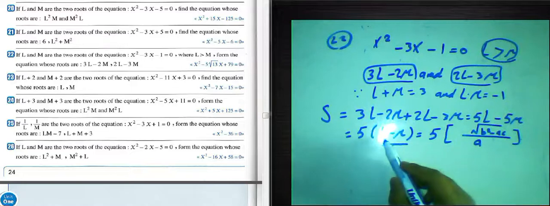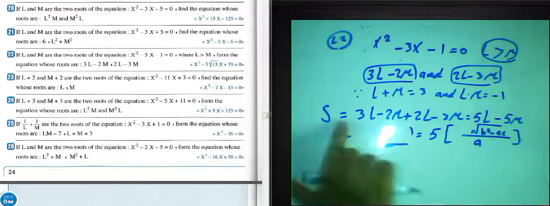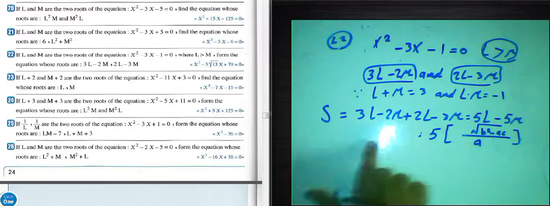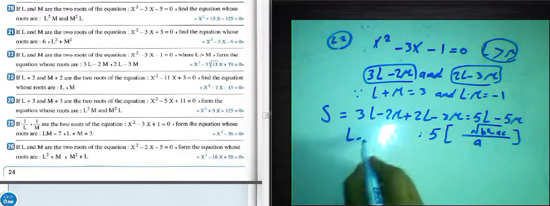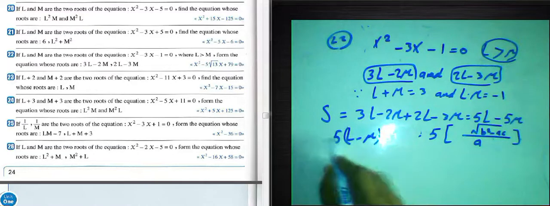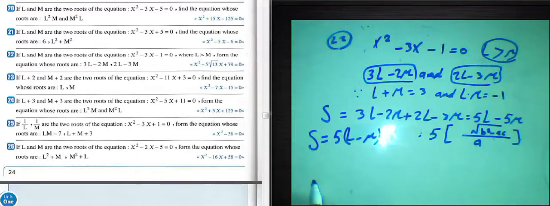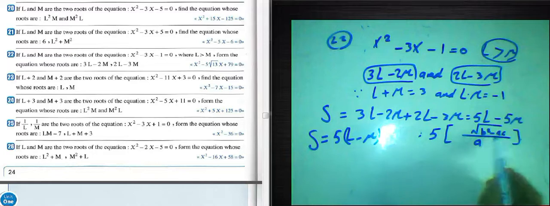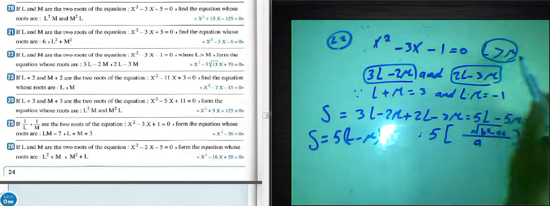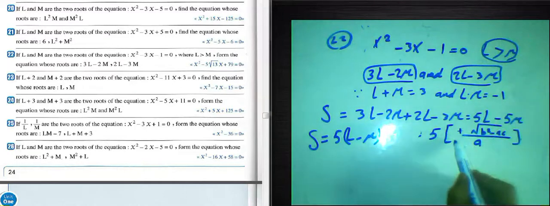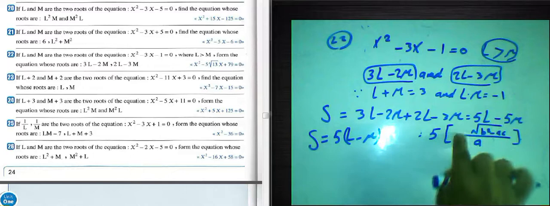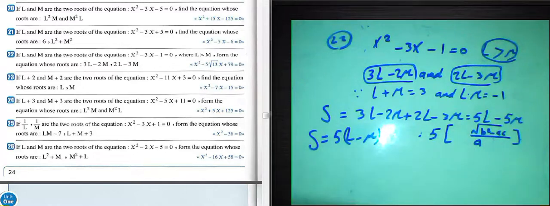Okay, L minus M multiply 5, it was the sum: 5 multiply root of b power 2 subtract 4AC over A, because it was the subtract between L and M. He gave us L more than M, so we will write the positive. The result will be positive, so we will cancel the negative.